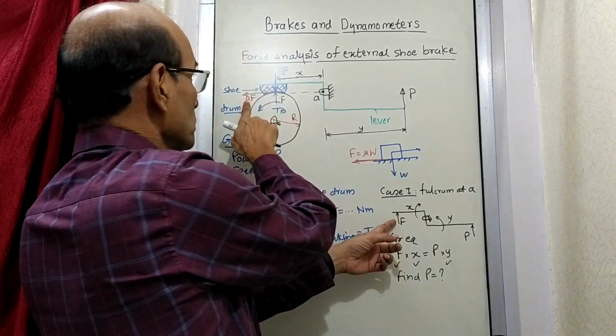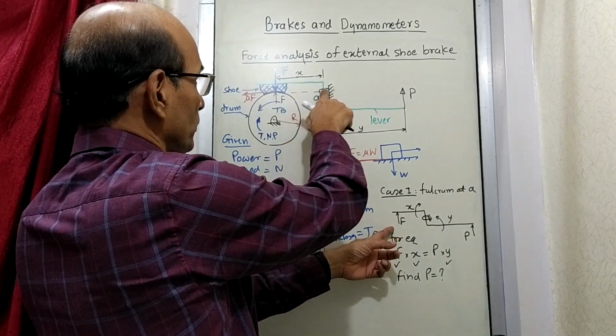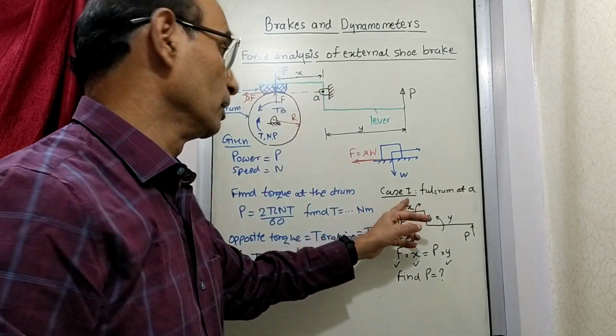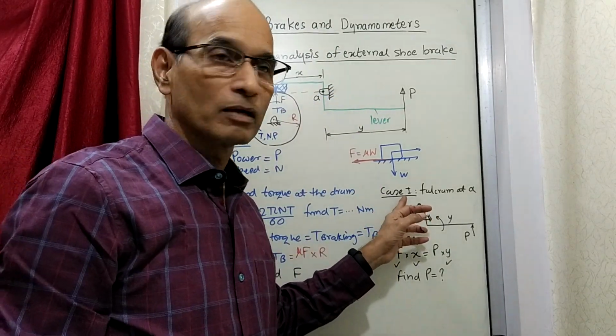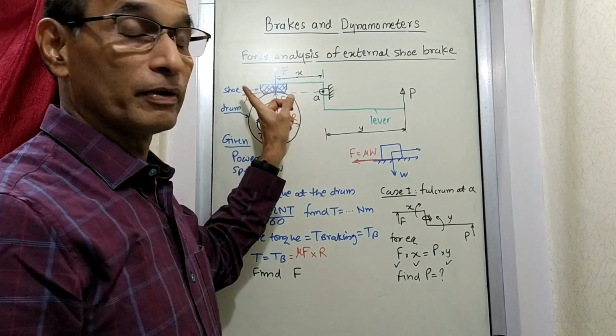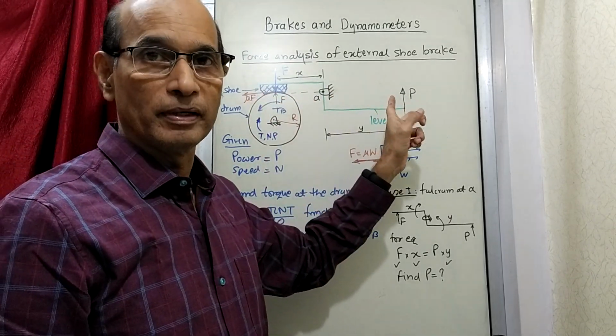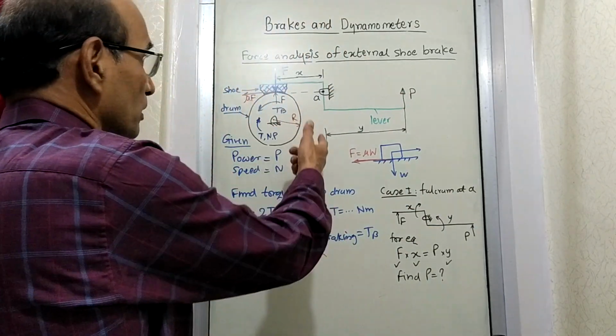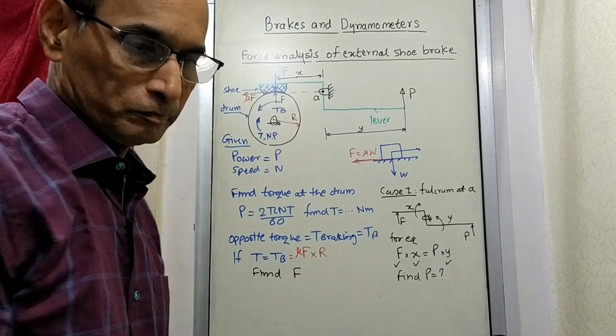There is no third force. The force is there, but since it is in line with the fulcrum, it is not causing any movement. Now we take the next case, where the frictional force is also going to cause certain movement, and then we will see what happens. So we take the next step, that is case 2.